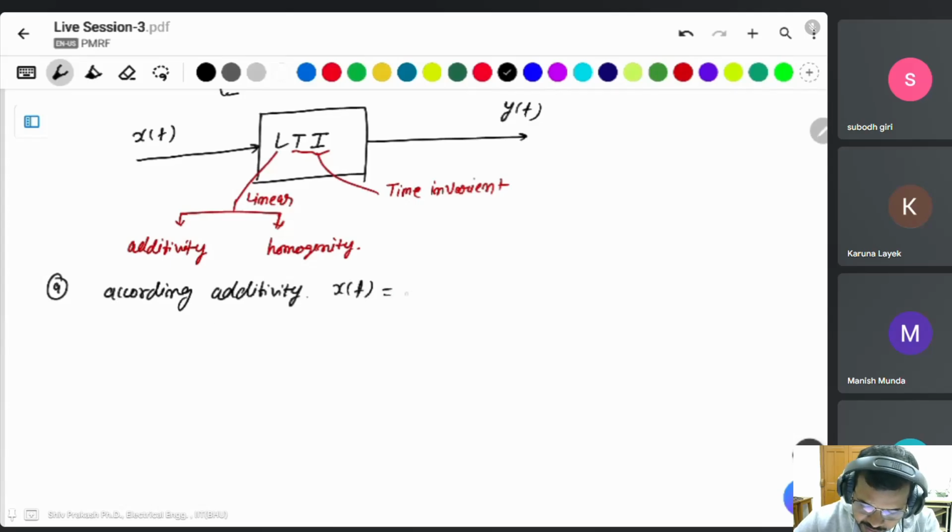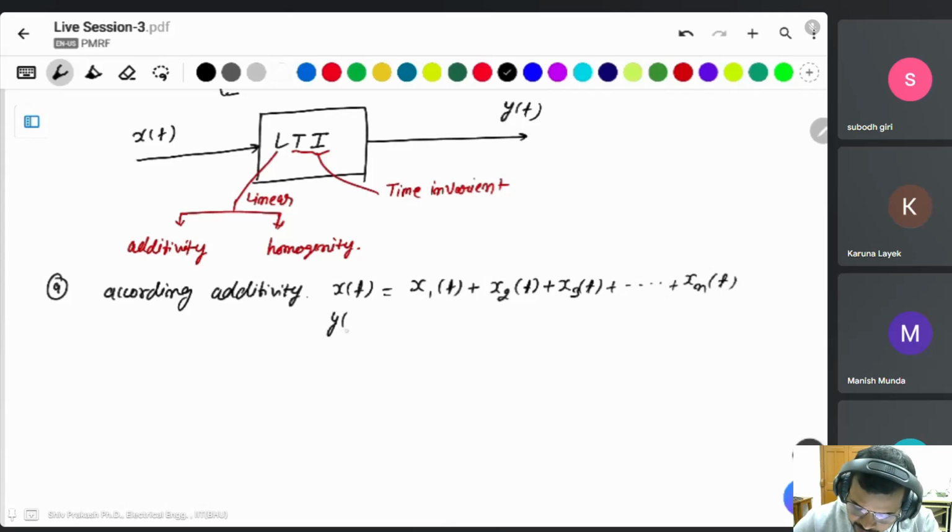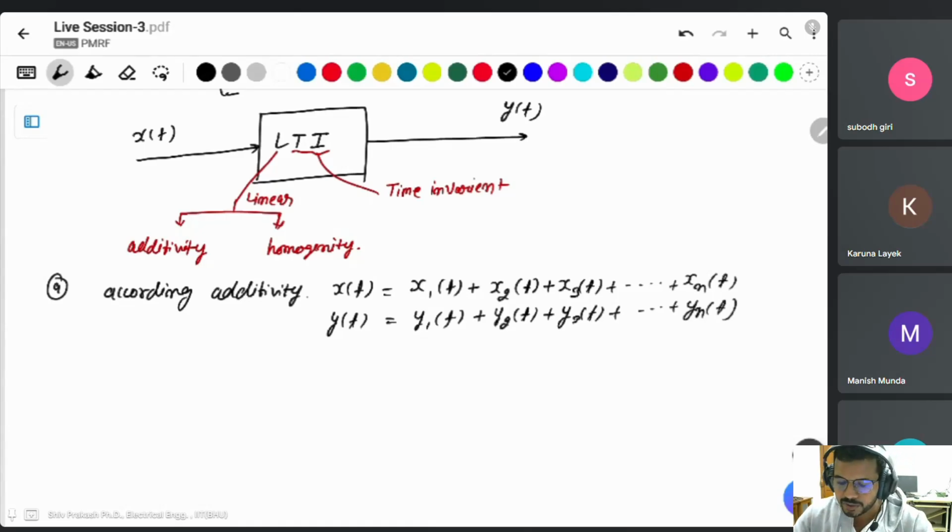There is some system x(t), which is a combination, a summation of some inputs like x1, x2, plus x3 up to n, and the output respective to that input is y1, y2(t), and so on. This is the output respective to that input.